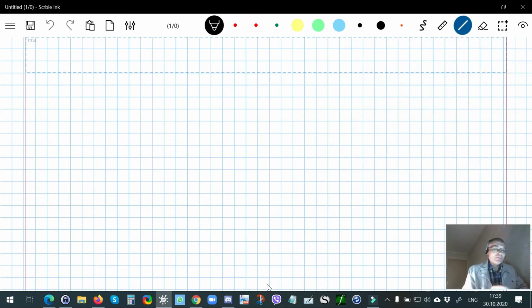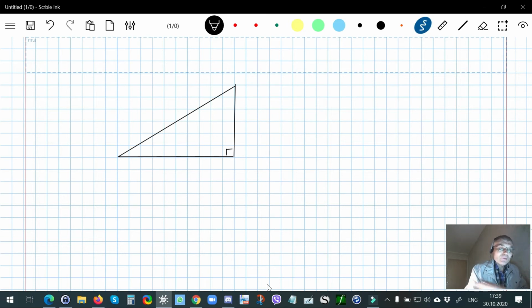Suppose we have a right triangle, which we draw here. This is the right angle. I didn't manage to draw it properly. Now the names of the vertices.